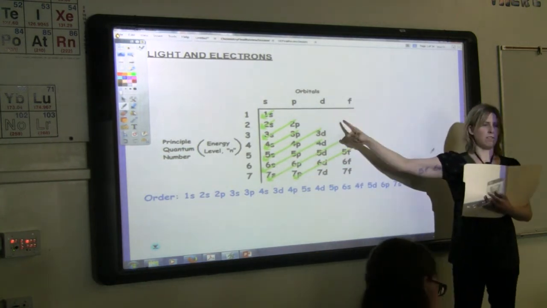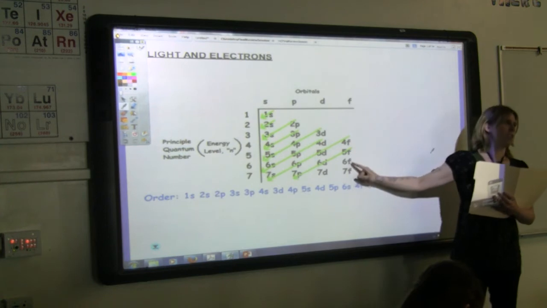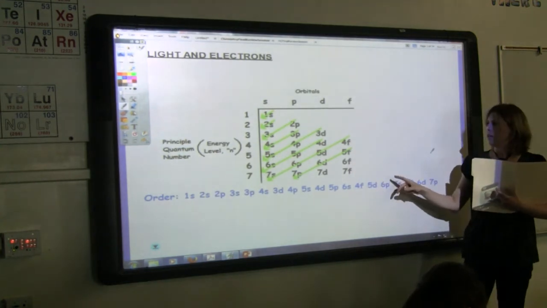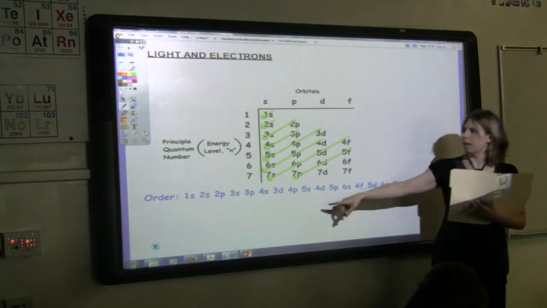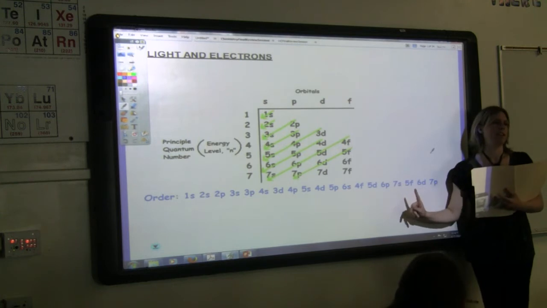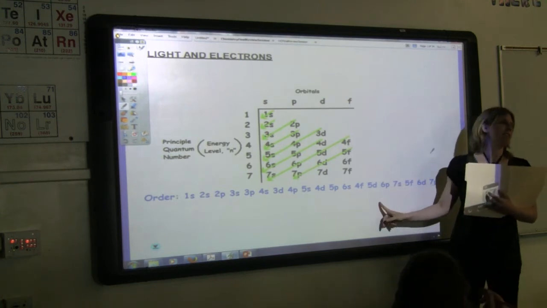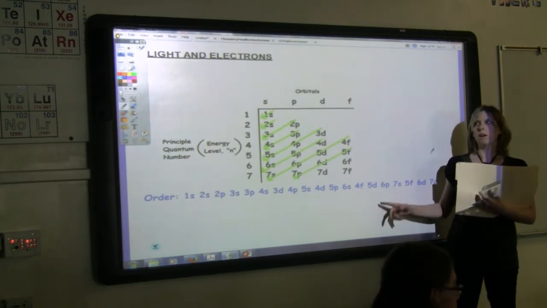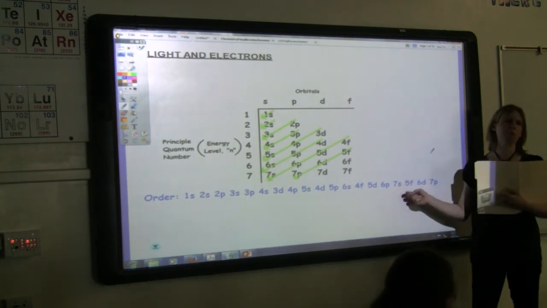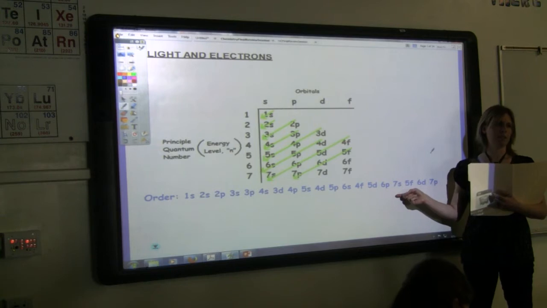Okay? So this is the chart. You guys probably remember this from when we did it. And then this is written out the order. If I said, give me the last electron for uranium, then you'd have a big old sentence written out like this.